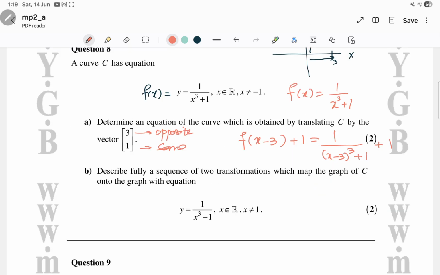The next part, B, is: describe fully a sequence of 2 transformations which map the graph of C onto the graph with the equation y equals 1 over x cubed minus 1, x belongs to R. You can see the given function is f of x equals 1 over x cubed plus 1, but this one is y equals 1 over x cubed minus 1.